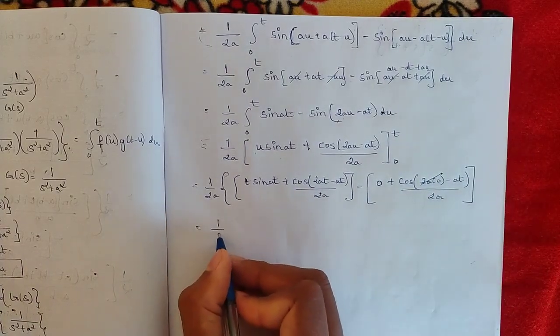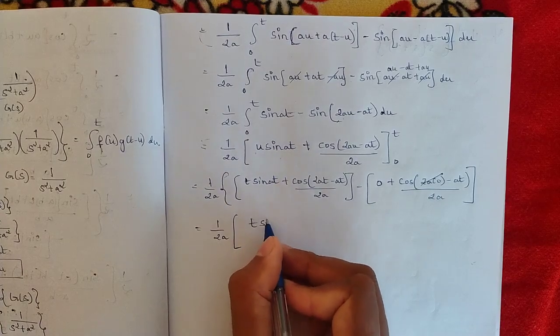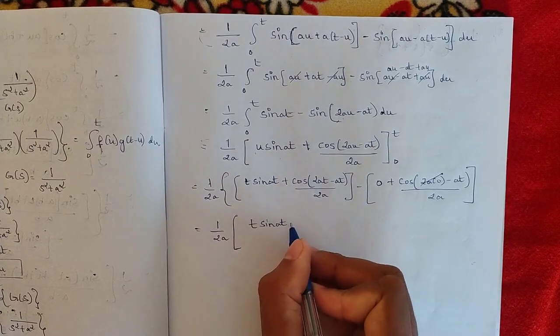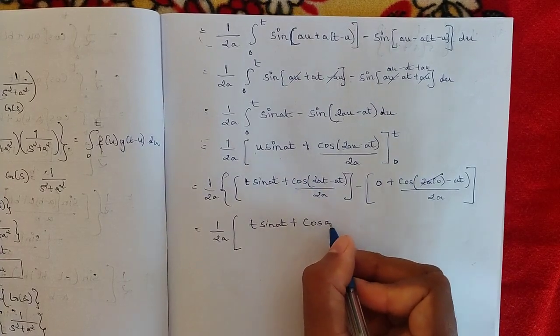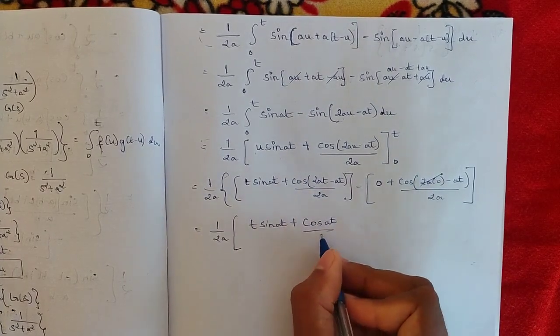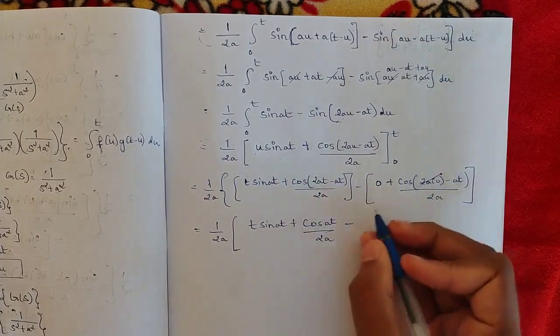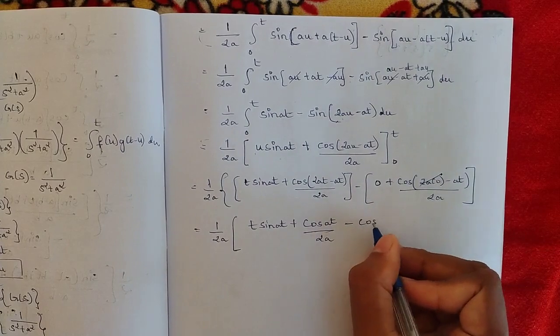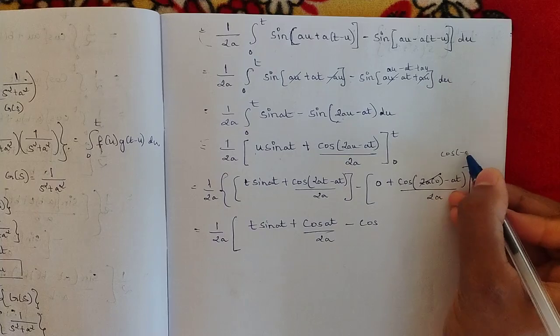So we will be getting 1 by 2a into t sine at plus cos of 2at minus at, which is at itself, divided by 2a. So minus into plus is minus cos of, we are having this as cos of minus at.